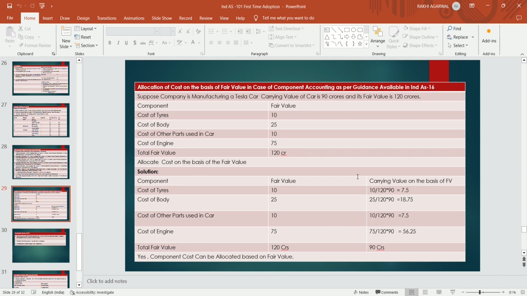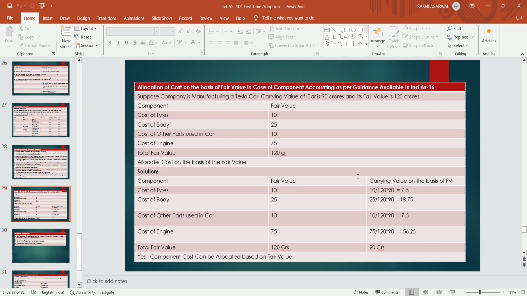In the same way, fair value of body is 25 crores. So 25 divided by 120 into 90 is 18.75. Now other parts used in the car: fair value is 10 crores. So 10 divided by 120 into 90 is 7.5 crores.